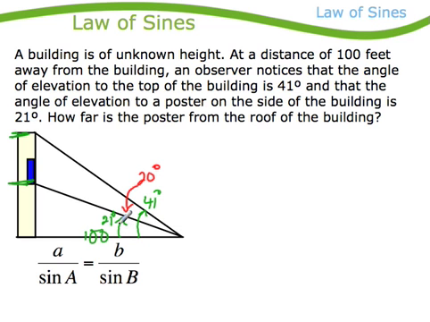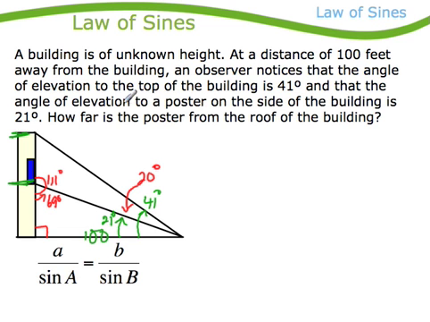If this angle's 21 and this is a 90, it forces this angle here to be whatever 180 minus 90 minus 21 is. I think that's 69 degrees. And since this whole angle here is 180 degrees, this angle up here must be 180 minus 69, which would be 111.